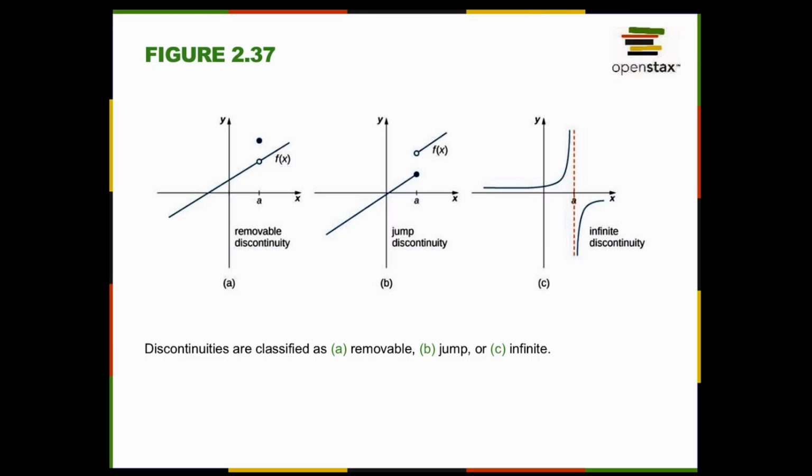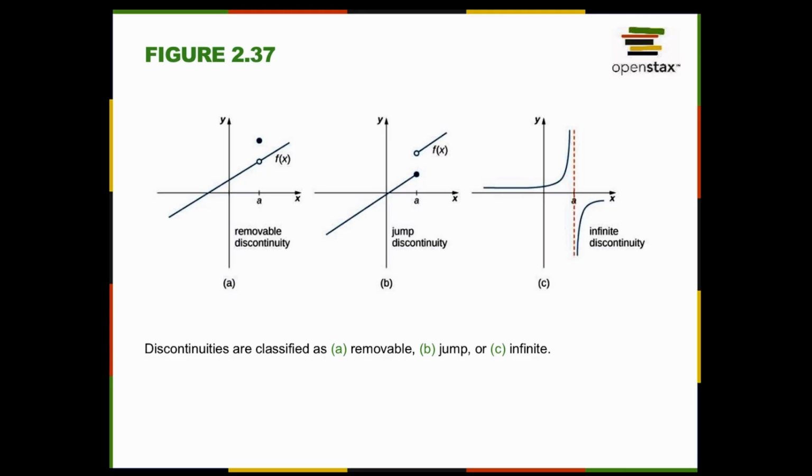And then finally, we have the infinite discontinuity. An infinite discontinuity occurs when the function increases or decreases without bound as it approaches a certain value of x. On the graph, this happens at a vertical asymptote. So instead of approaching a finite value, a specific value, the function heads towards positive or negative infinity.